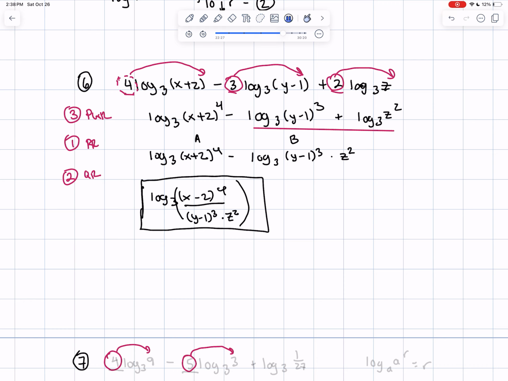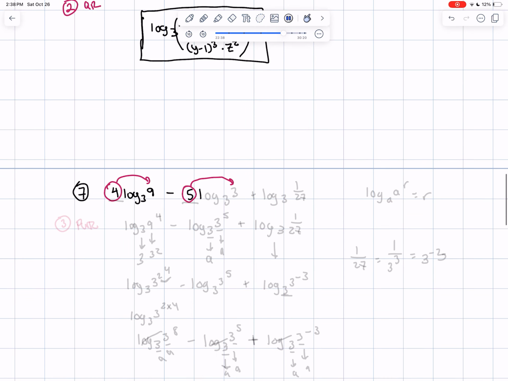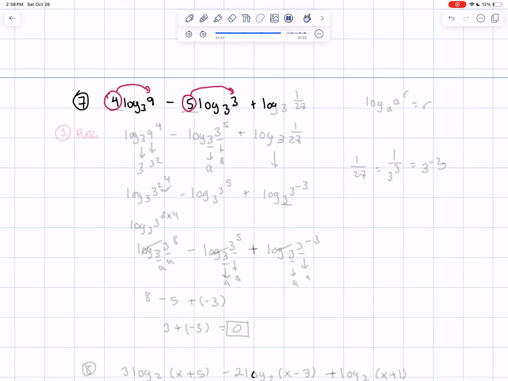So let's do this one first. Here we want to break it down and then evaluate completely.